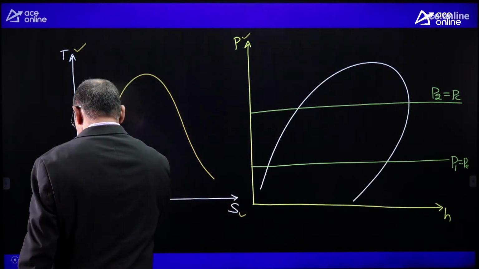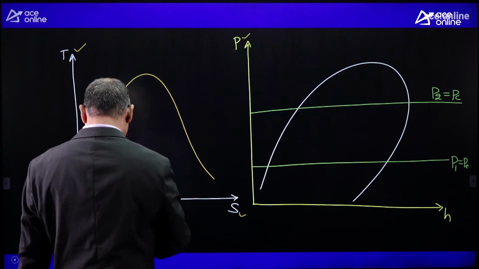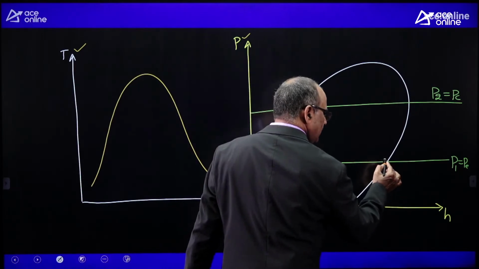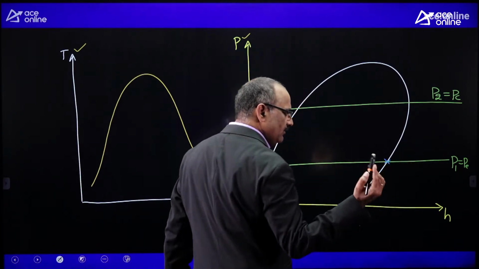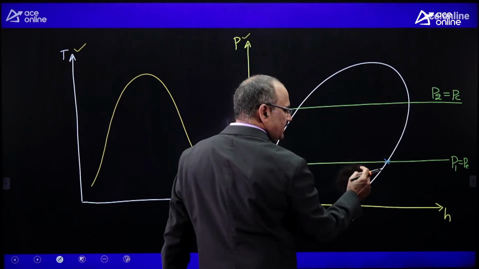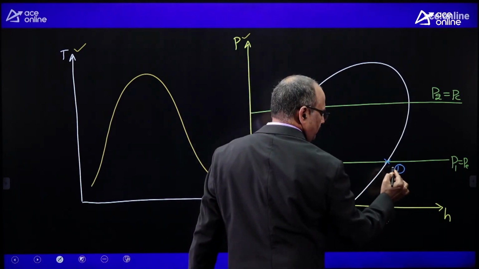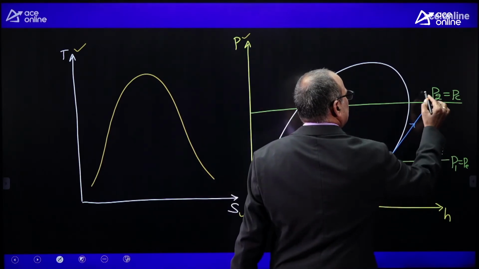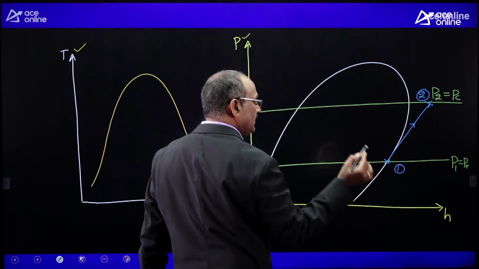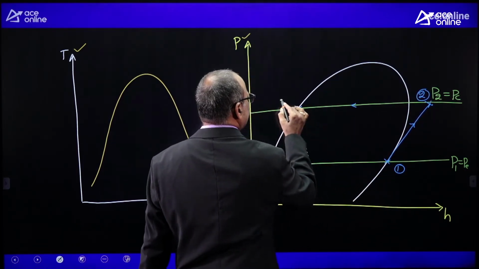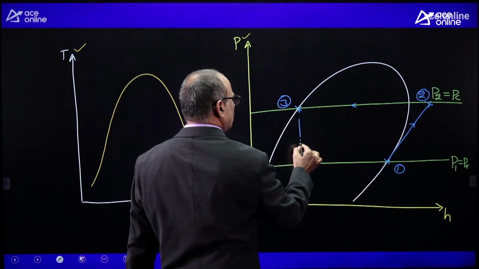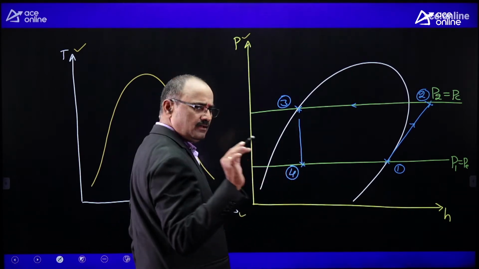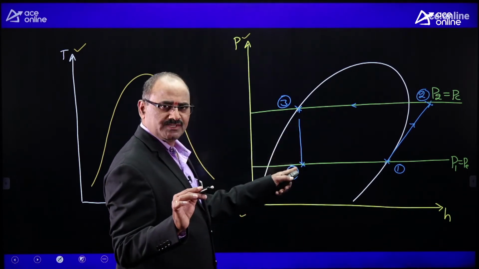If I assume the refrigerant is entering to compressor under dry saturation state, wherever the P1 line is meeting the saturated vapor curve, that is the state of the refrigerant at the beginning of the compression. The 1-2 process is the isentropic compression generally, 2-3 condensation, 3-4 throttling process where enthalpy of the refrigerant remains constant, but it is irreversible process.